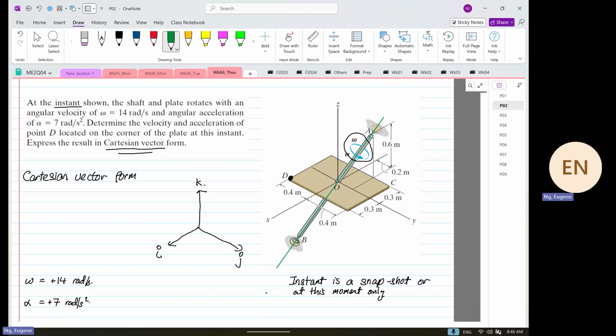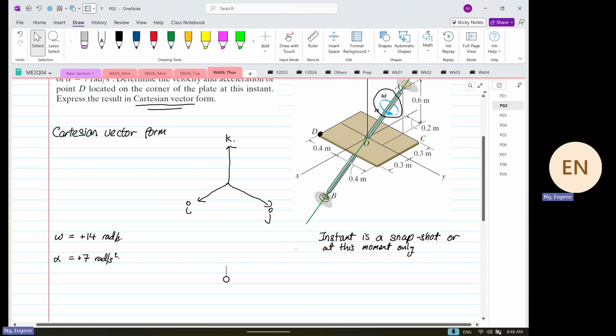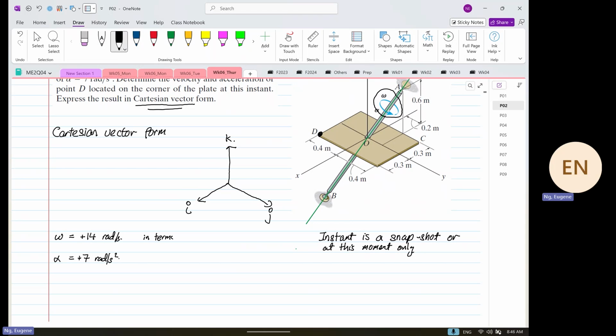When the axis is at an angle, we have to find omega in terms of i, j, and k components, and also determine our alpha in terms of i, j, and k components.